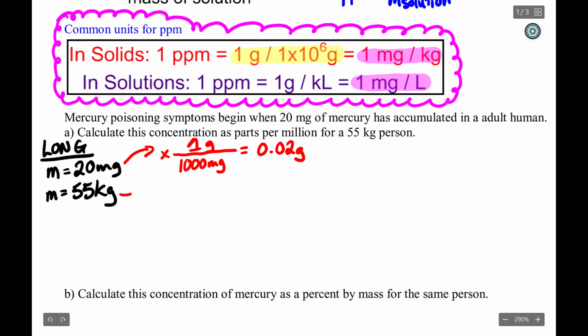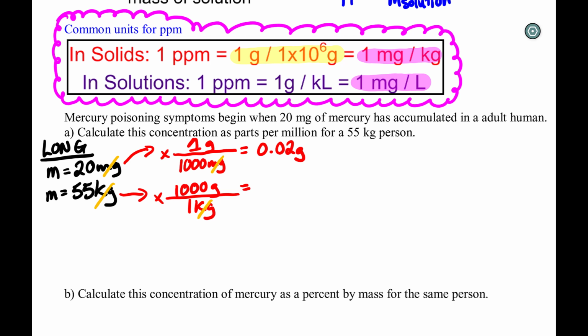With the 55 kilograms, I have 1,000 grams for every 1 kilogram. So kilograms cancels with kilograms, just as milligrams canceled with milligrams up here. I go 55 times 1,000, and that's 55,000 grams.